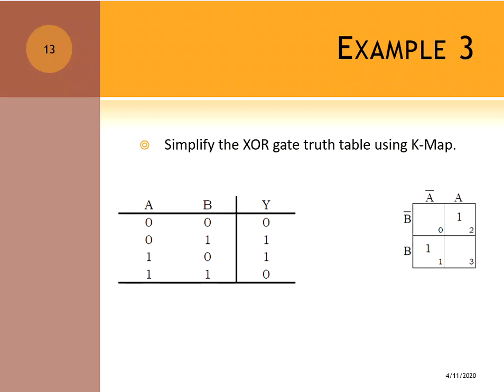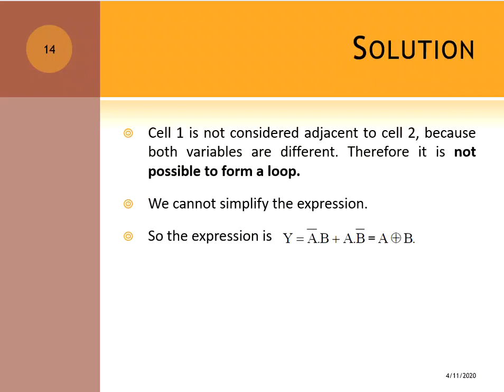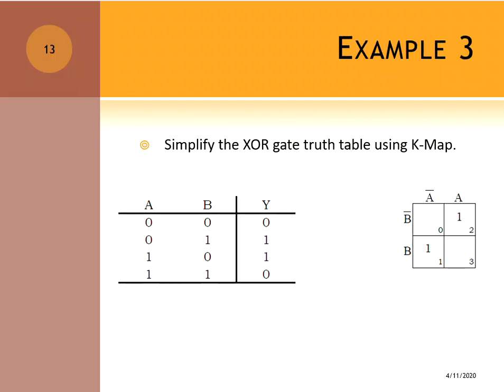So the expression is maintained as the original one. Y equal to A bar dot B plus A dot B bar. So the SOP, sum of product. You still remember? Please recall what we have learned in chapter 3, the SOP. For SOP, you check which row produces output 1.